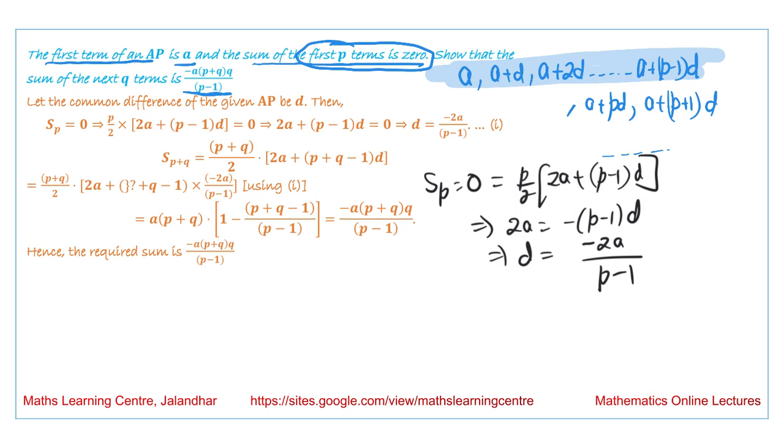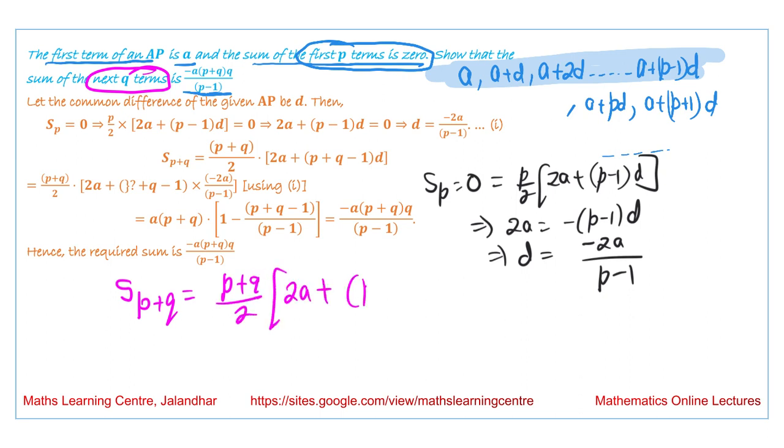Now we have to calculate the sum of the next Q terms. So we are talking about the sum of P + Q terms, that will be equal to (P + Q)/2 × [2A + (P + Q − 1) × (−2A/(P − 1))].